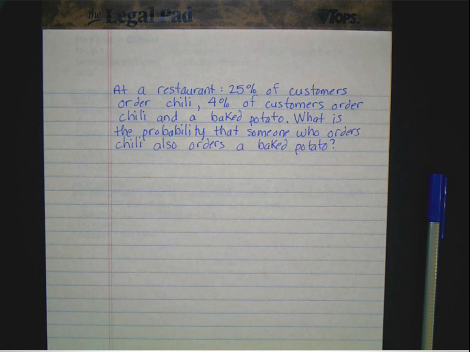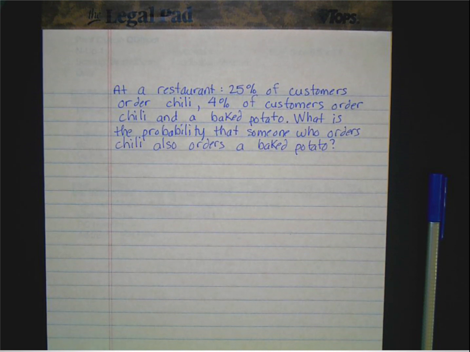What is the probability that someone who orders chili also orders a baked potato? Now, you can't say it's 4%. These are two separate things. One is 25% of customers get chili. The other is 4% of customers order chili and also a baked potato.